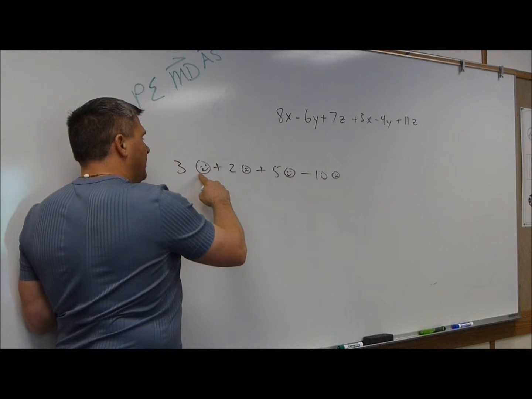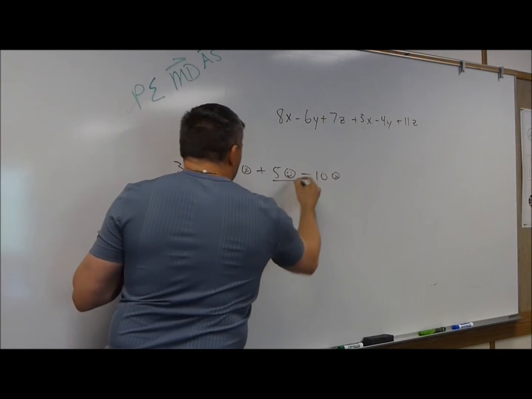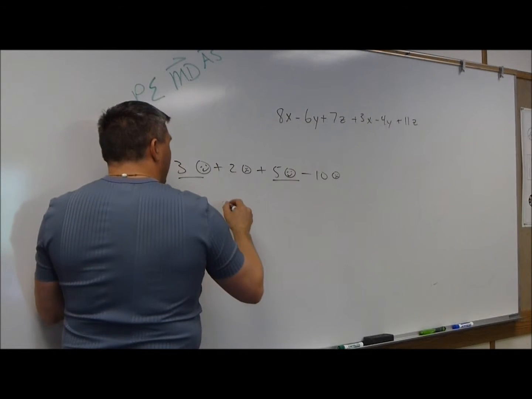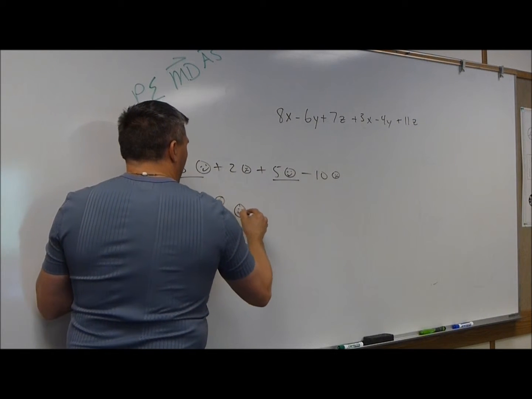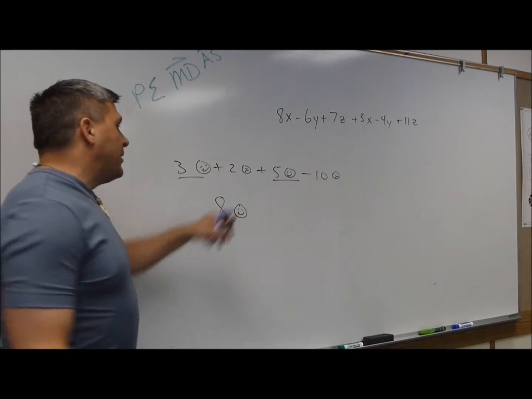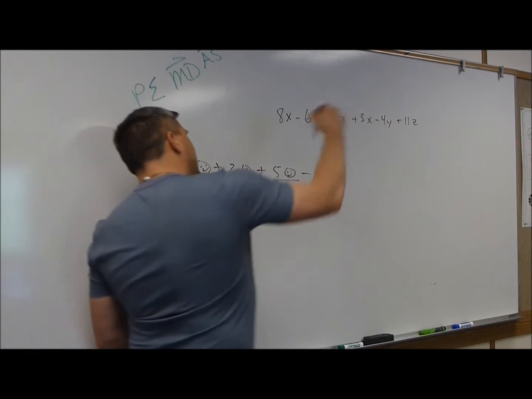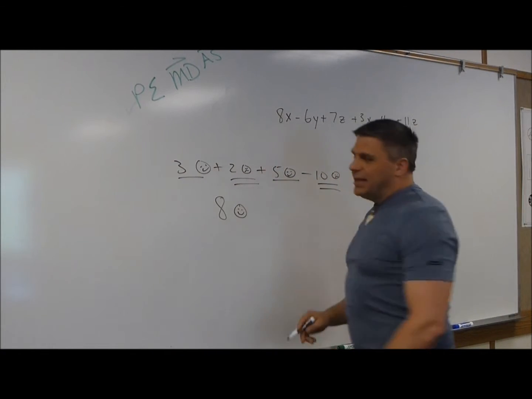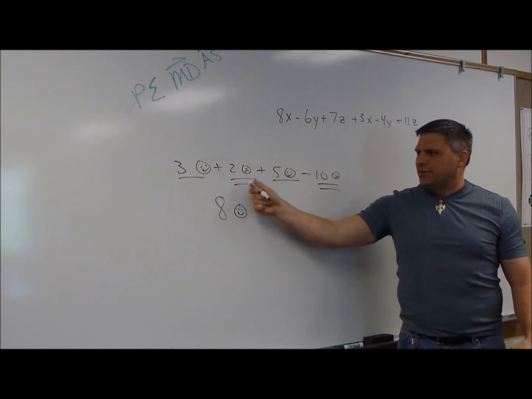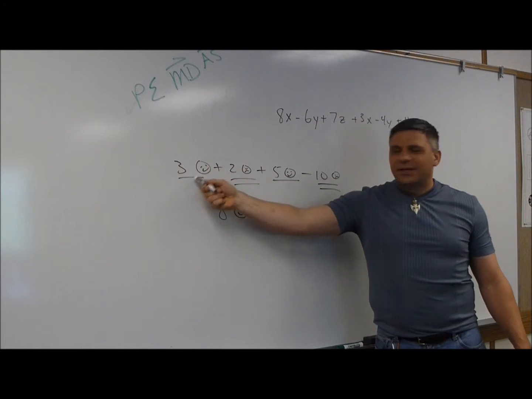I'm picking up 3 and 5 happy faces. So that means I got a total of 8 happy faces. But now I have 2 sad faces, and I'm taking out 10 sad faces. And see how I put 2 lines under the sad faces and 1 line under the happy?